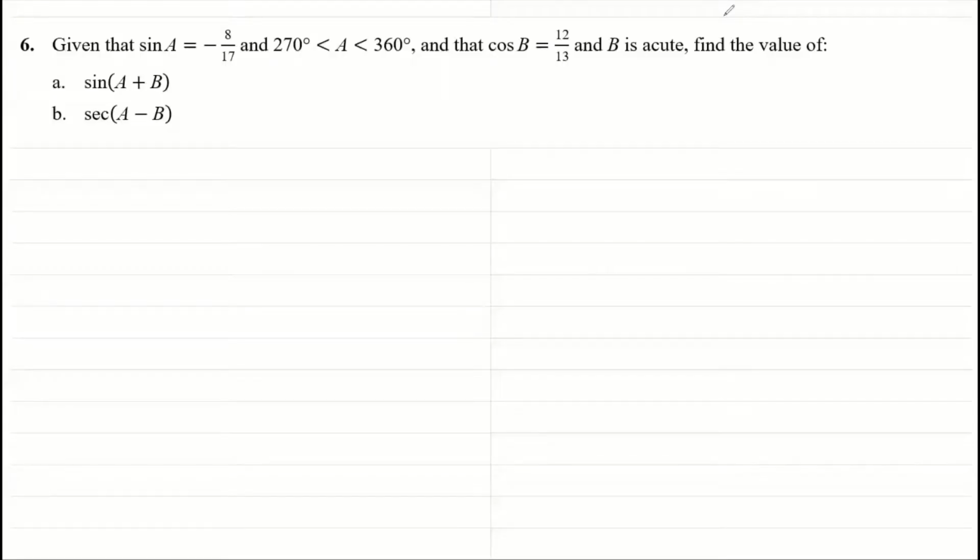So for our final example, which is example 6, and we've seen a lot of variations on how we can use these compound angle identities. We're going back to this CAST work where we look at obtuse and reflex angles, and we take the sines and cosines of them.